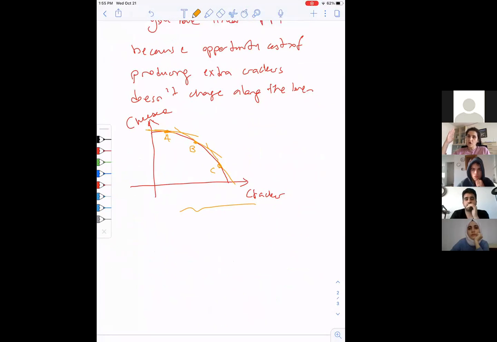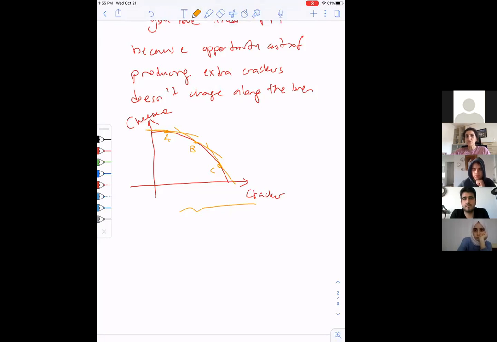Then the opportunity cost of producing extra cheese is low at point C. So the slope of the line at point C is lower this time. You are going to reverse the graph. Is it clear?